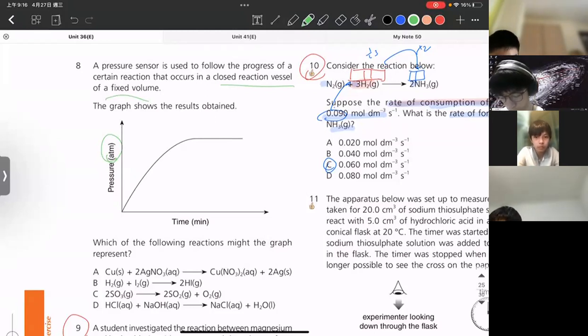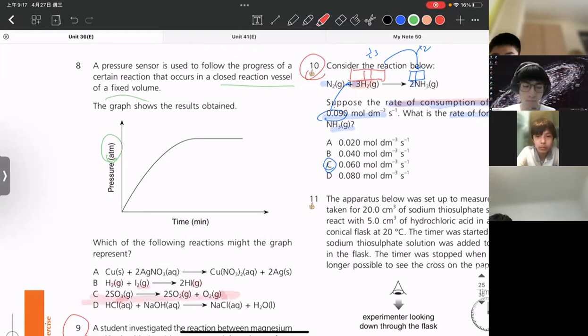So just underline those chemicals involving gas. This. Just B or C. Okay? Are there possible answers? Which one is the answer? B or C? C?